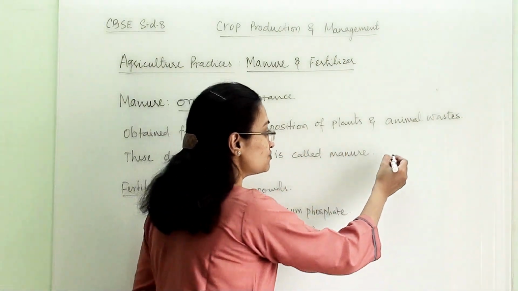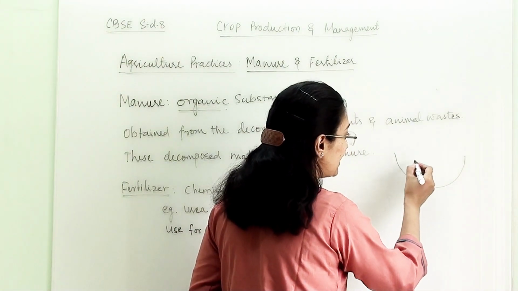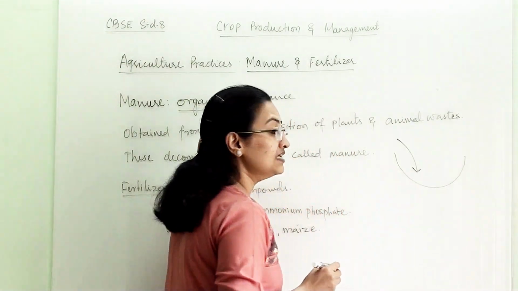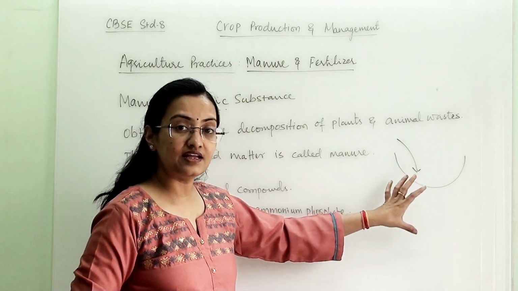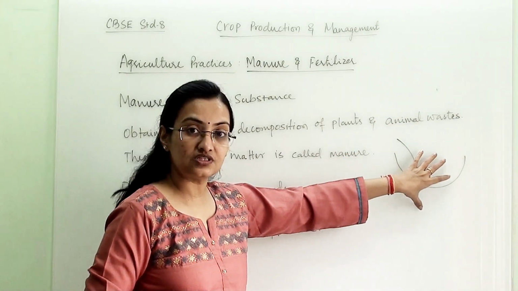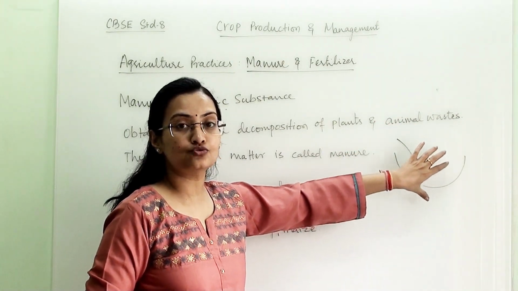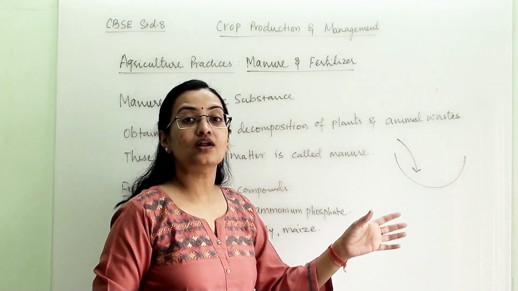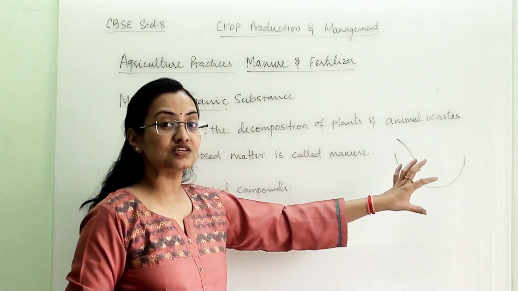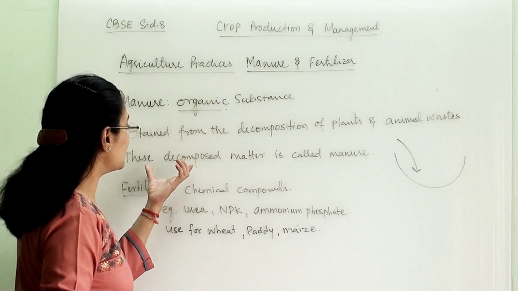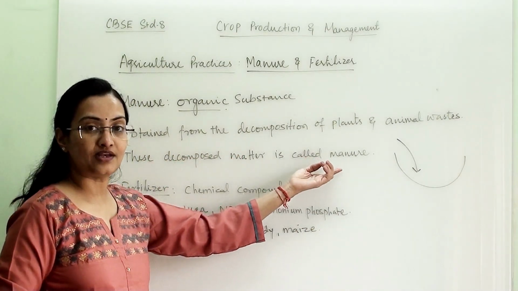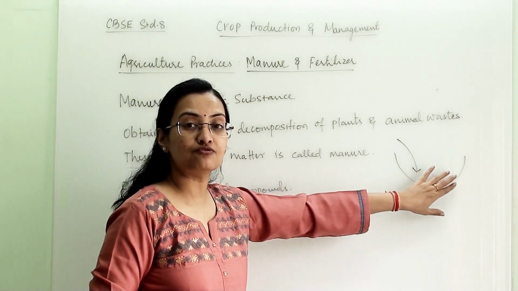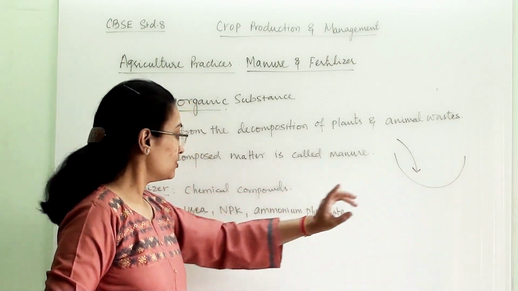Farmers will dig a pit and drop all the dead leaves and animal waste into it, and allow this matter to decompose. The microorganisms, bacteria, will decompose this matter, and later this decomposed matter is called manure. This manure is used for replenishing the soil.